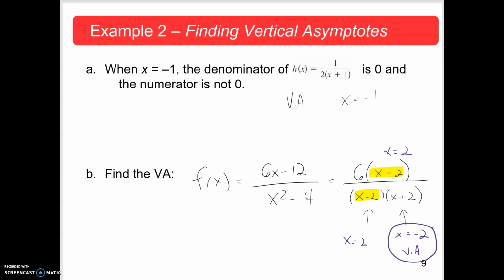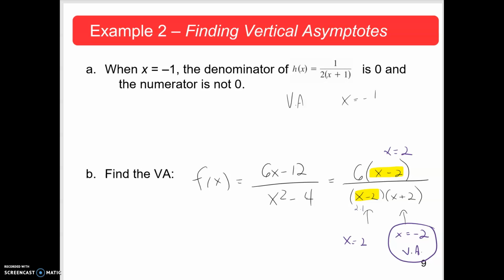Think about what happens as you get close to negative 2. For example, negative 2.1. Negative 2.1 plus 2 is negative 0.1. So you divide by a small number, and you get that asymptotic behavior. But what about when you get close to 2? Why is that not a vertical asymptote? Let's say I put 2.1 in here.